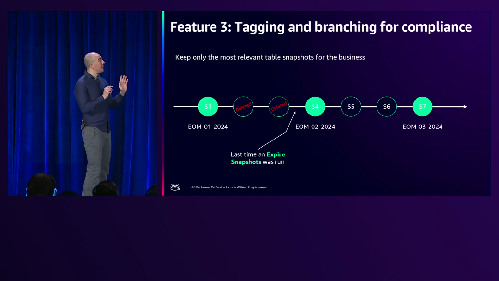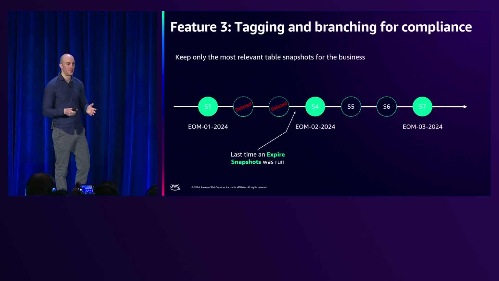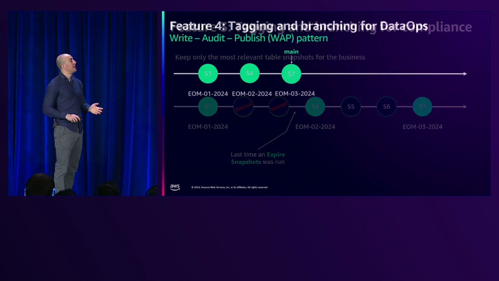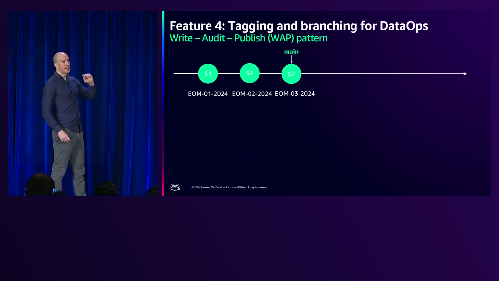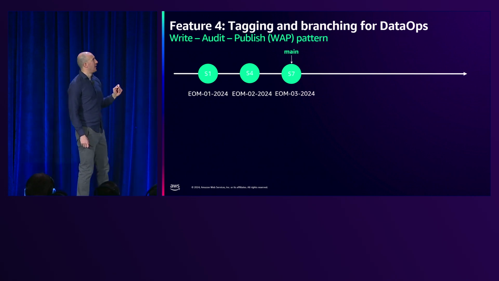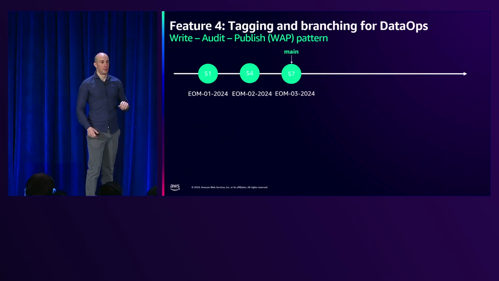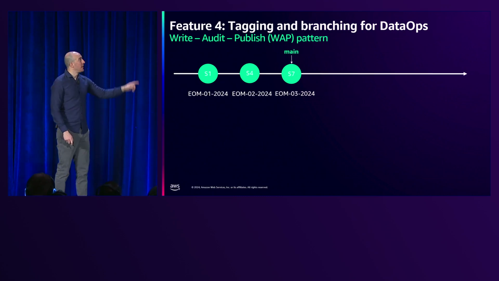Now, branching and tagging is similar to how Git works, and we will see how Iceberg handles branching. Let's pick the same case as before, where we have 3 tags. Let's forget about the unneeded snapshots.